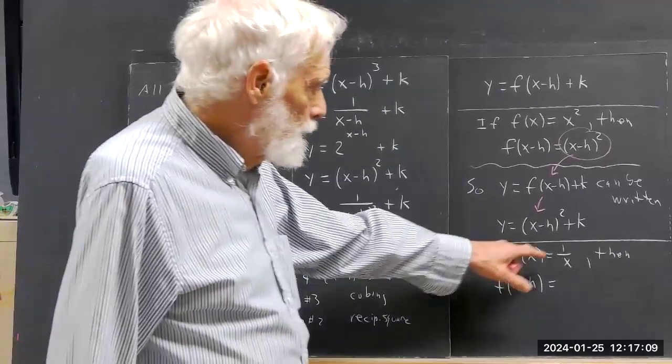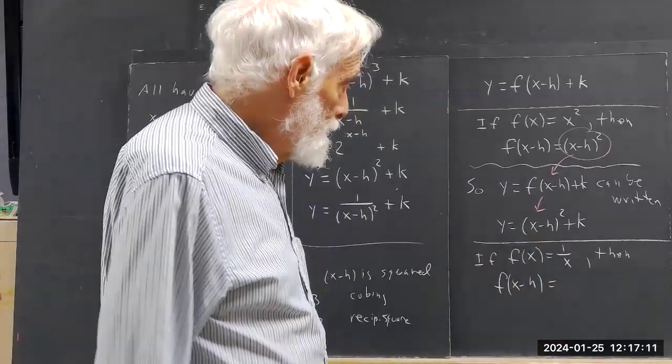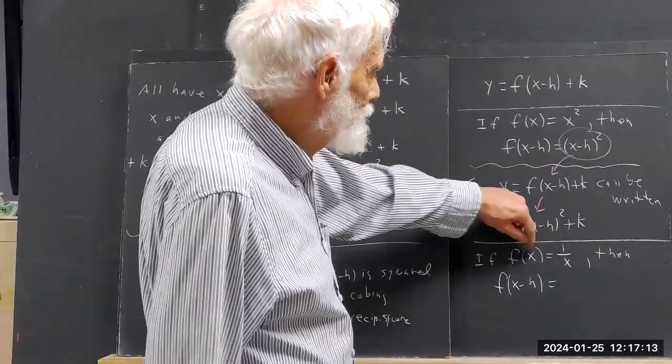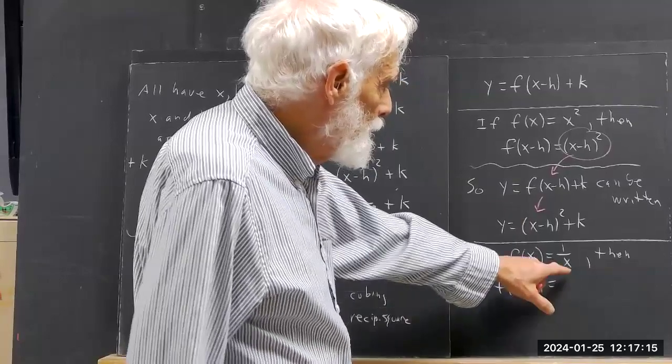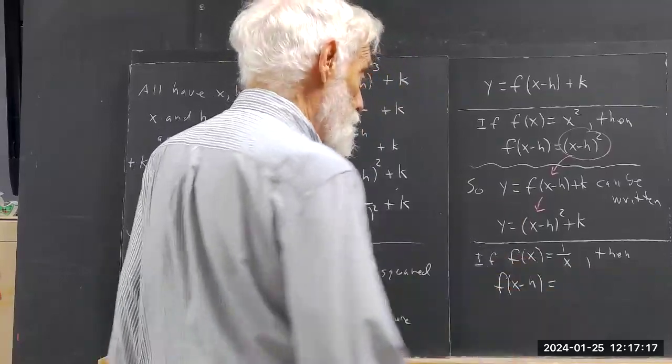Now, if f of x equals 1 over x, then if instead of x you've got x minus h, this x has to be x minus h.